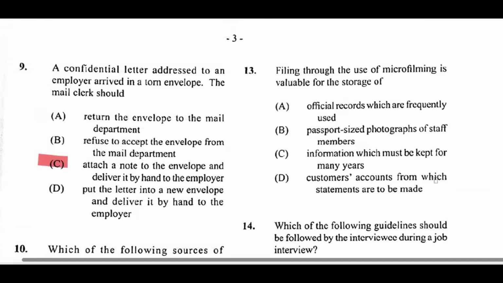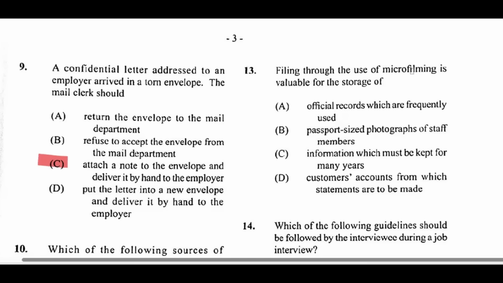Filing through the use of microfilming is valuable for the storage of official records which are frequently in use. No. The keyword here is microfilming. When we use microfilm, it is for inactive files, like where you want to archive something.